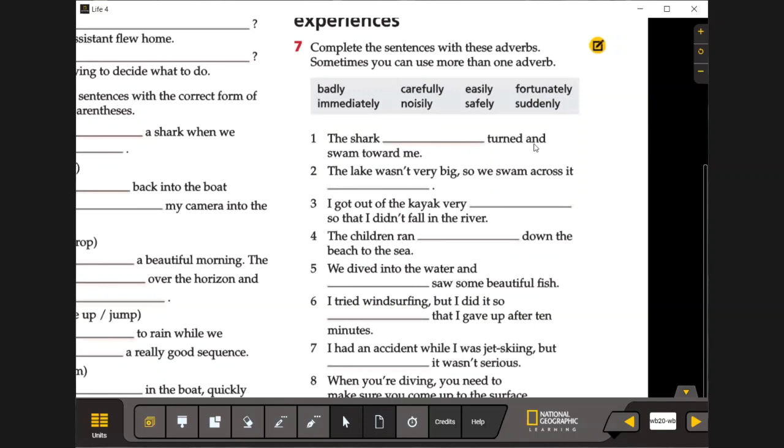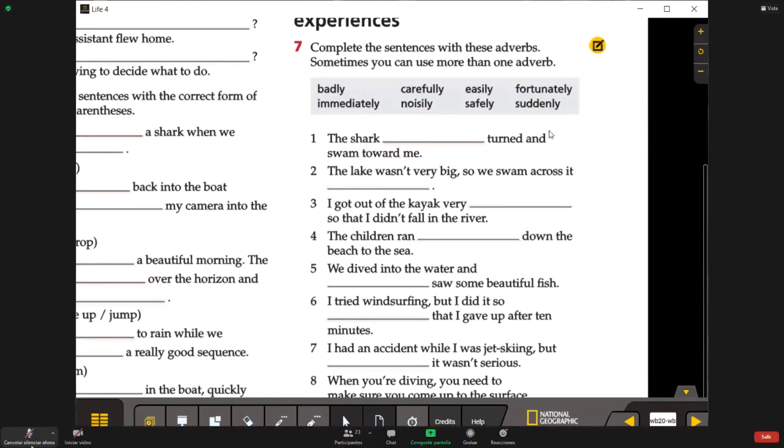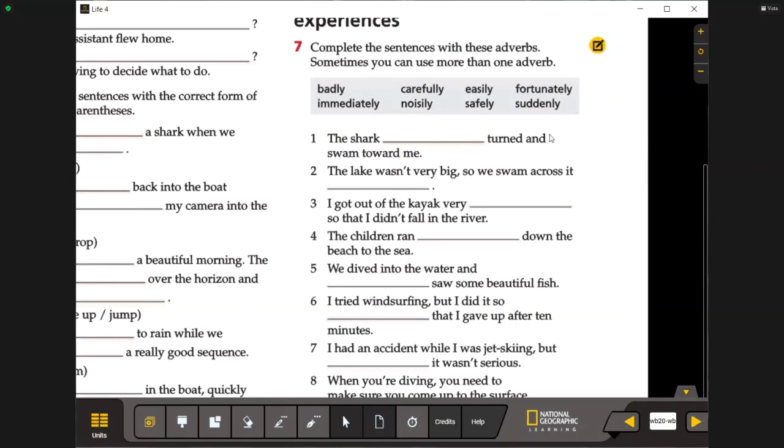Yes? Okay, any other word? Any other word? No? Any pronunciation problem? No? Well, okay. If it's possible for you, let us try to repeat. Ready? Let's repeat. Badly.